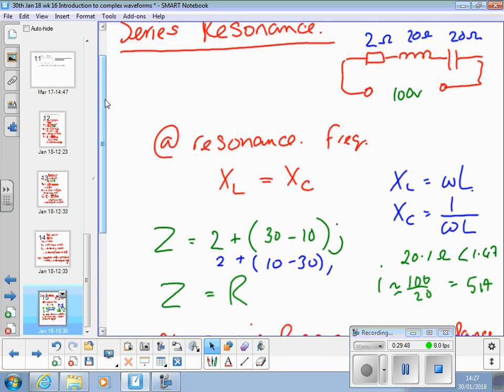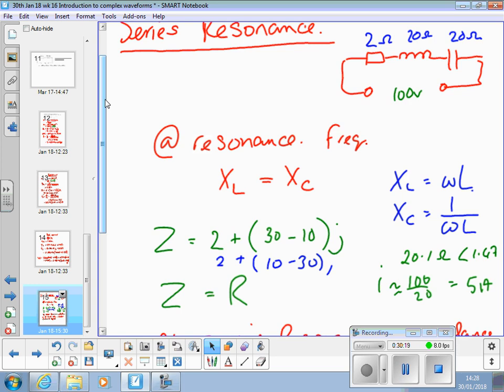Don't worry too much, we're going to do this in more detail. V equals I times R, 50 times 20, 1000 volts across the inductor. Yeah, 1000 volts across the capacitor. The angles of those two are opposite each other. Won't cause any current to flow, right?